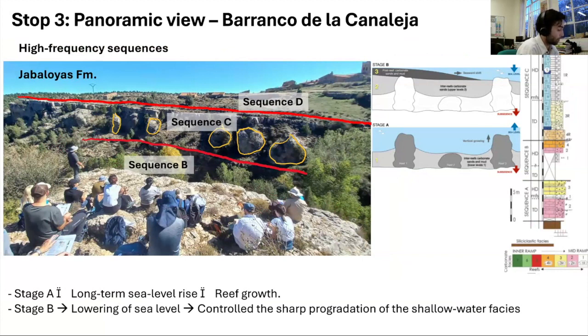So we did the same architectural element description, but also the temporal evolution of that ramp, and we observed 3 sequences with 2 stages per sequence. Stage A would be the reef growth, kind of a keep-up regime for a more extensive carbonate reefal platform, and stage B would be a prograding shallow marine calcareous facies that would happen during a sea level fall.